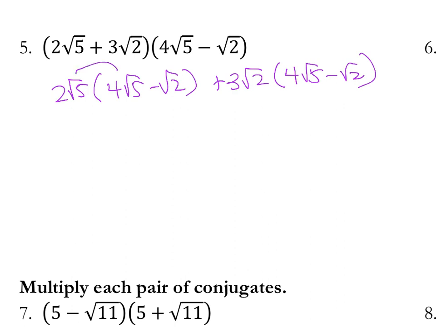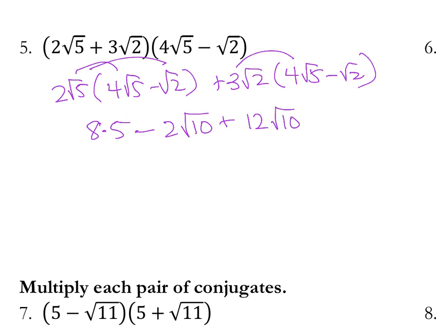And then we're distributing here, we get 8 times, this is radical 5 times radical 5, which is just 5, minus 2, and then we have 2 radicals here. We want to multiply the inside numbers together and keep them inside, so that would be radical 10. Plus, multiply here, we get 12 on the outside number. Radical 2 times radical 5 is radical 10.